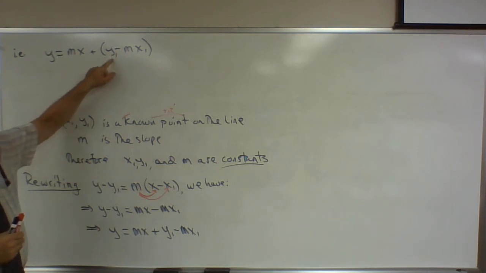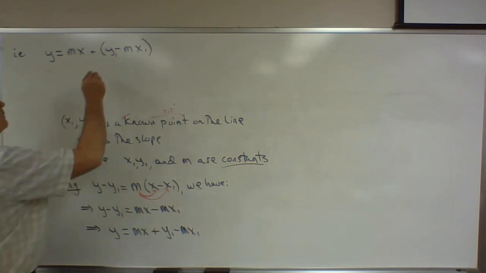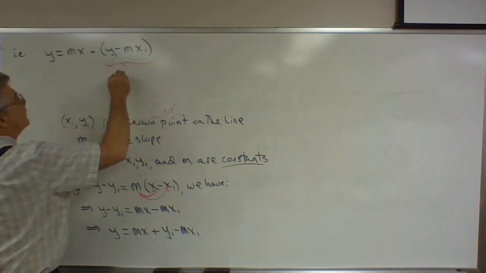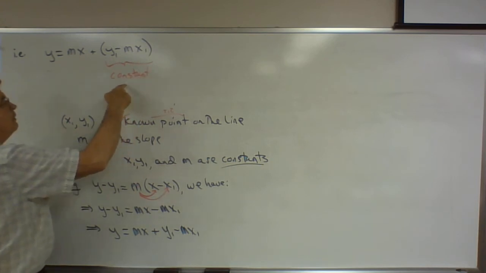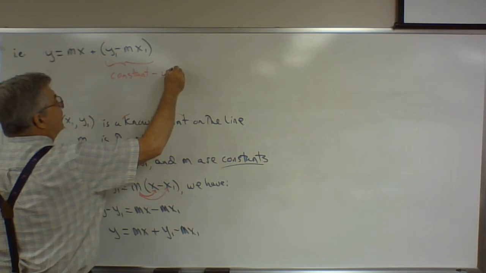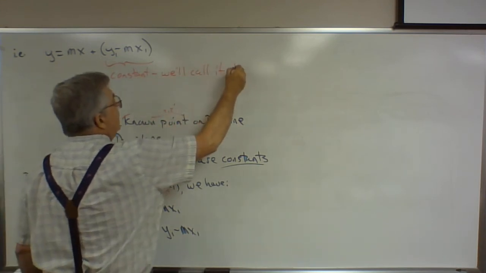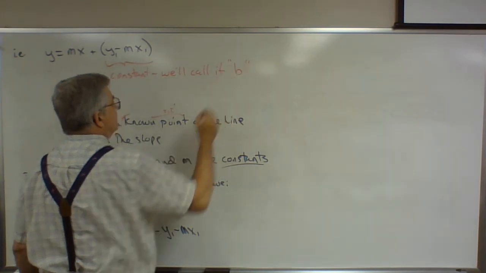So we have constant minus constant, which is just a constant. This term is a constant. And we're going to call it b.